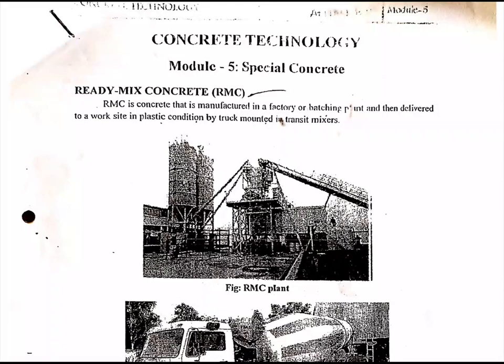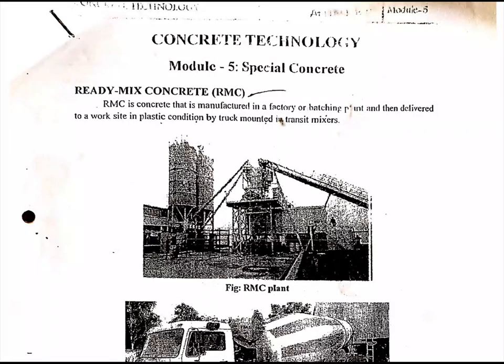See, observe here. In this figure, you can observe these two structures, what you are seeing, those are called silos. Some may pronounce it differently as well. At the bottom, you can observe the hoppers.